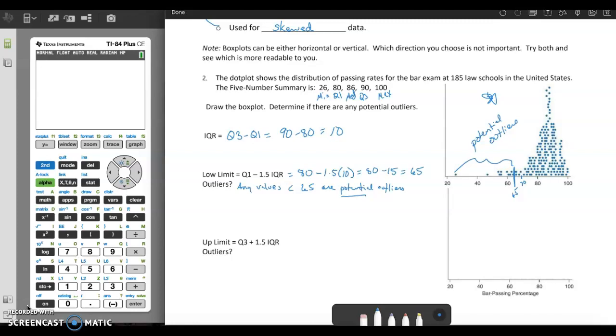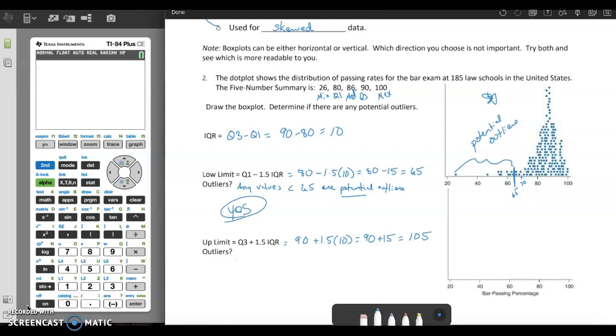The upper limit is Q3, which is 90, plus 1.5 IQRs, which is 10. So 90 plus 15 is 105. Sorry, I guess I need to go back. Are there outliers in the lower? Yes. Definitely in that lower area, there are some outliers.